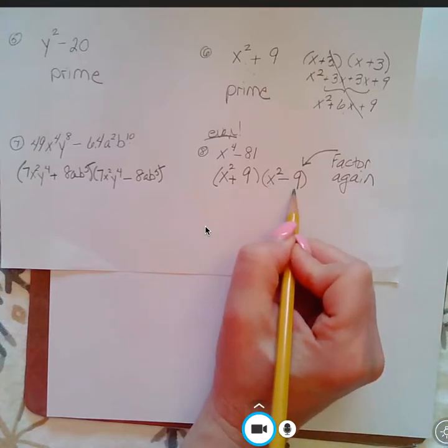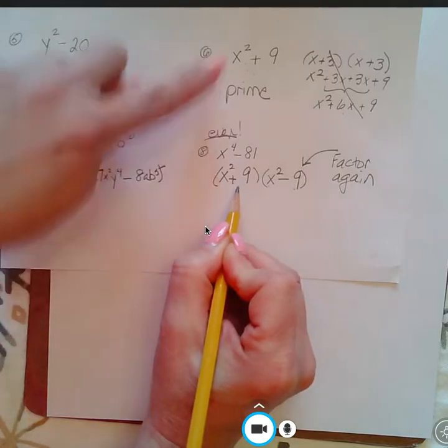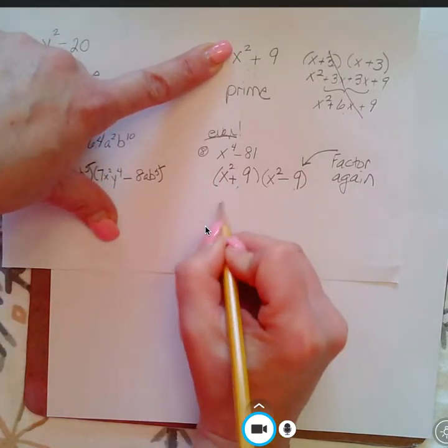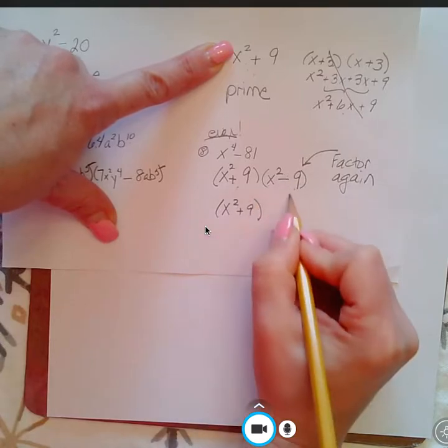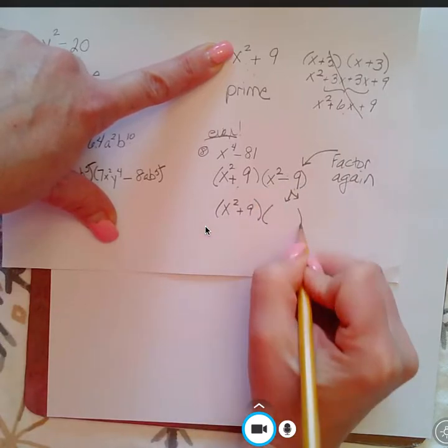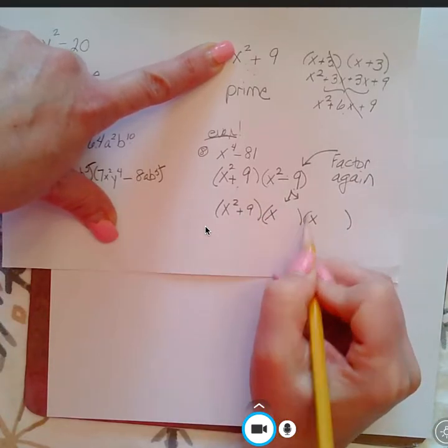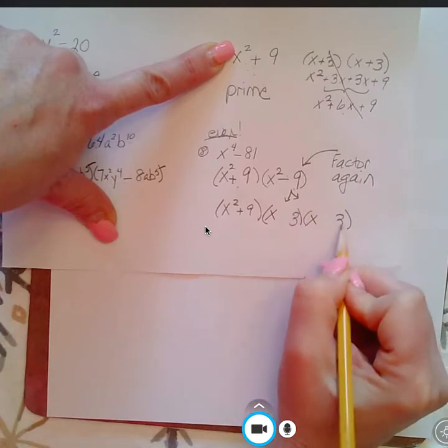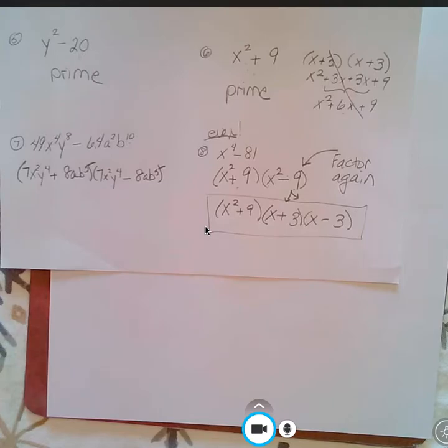So this one can go again one more time. This one I know cannot, because I already saw that guy, right? So this term stays the same, and this one can go into two smaller factors, x and x, 3 times 3, and a plus and a minus, and that is actually the final answer for number 8.